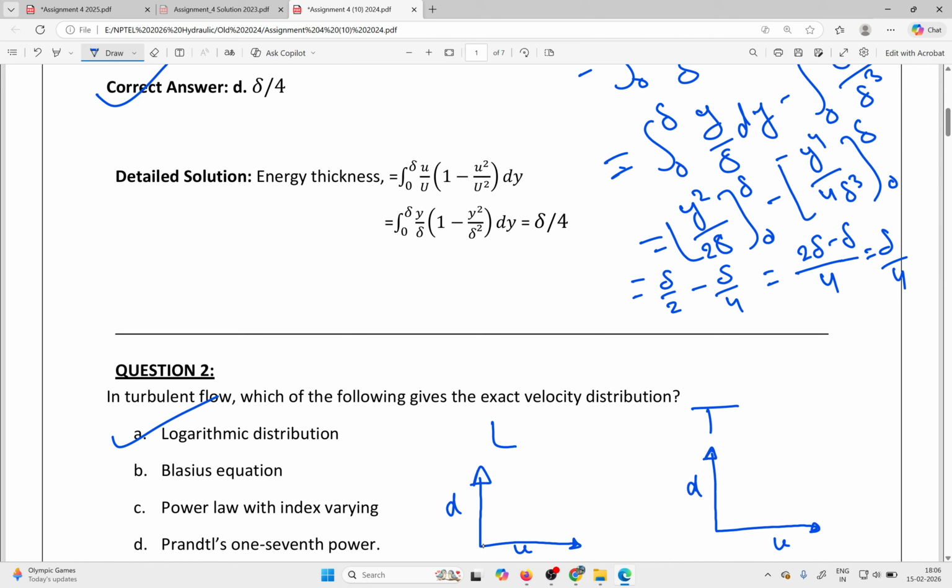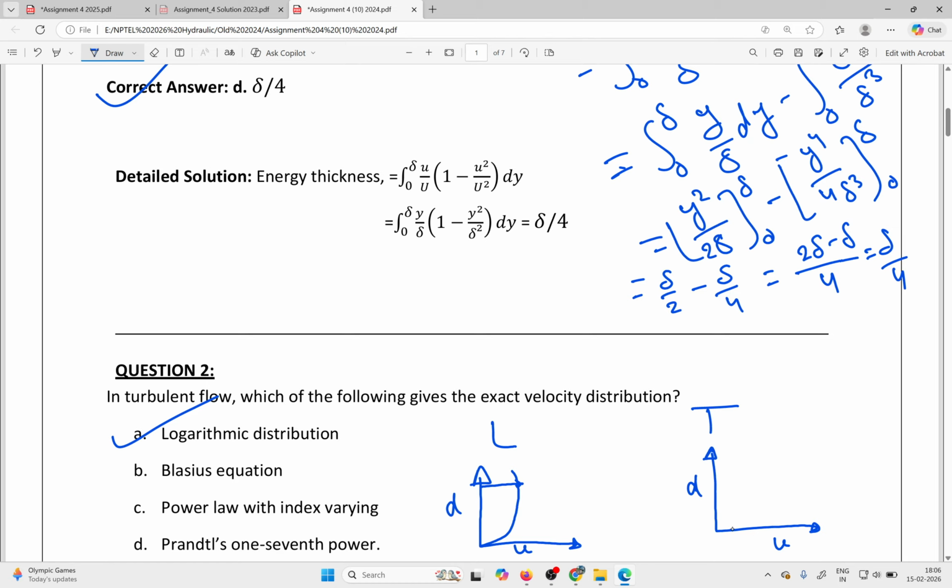So in laminar it is parabolic like that. Here will be the maximum, a little bit less from here. This is due to the air resistance on the surface of the fluid.